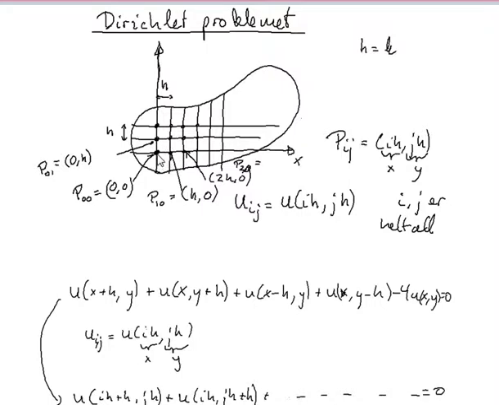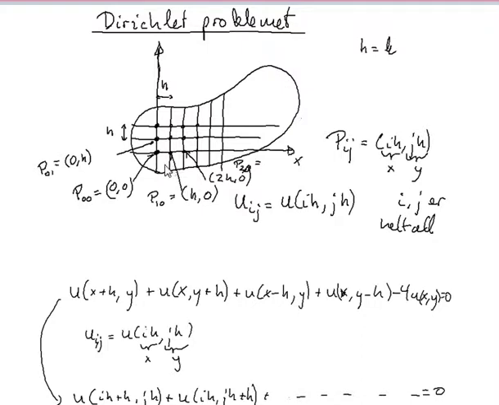Let's say that at this point we have the origin, with the x-axis here and the y-axis here. The length of each side of each square is h, both in the x direction and the y direction.